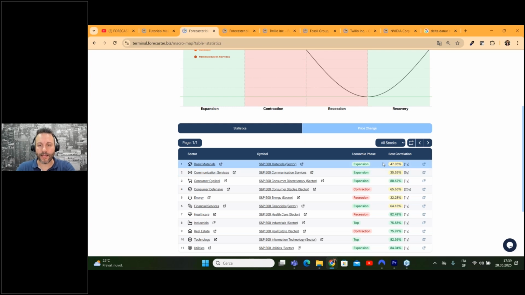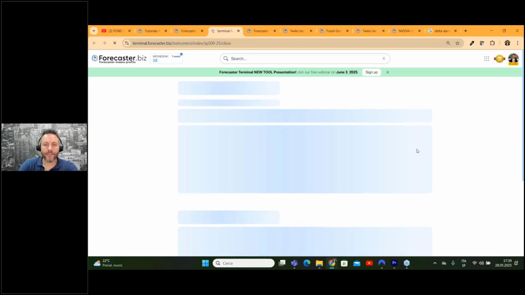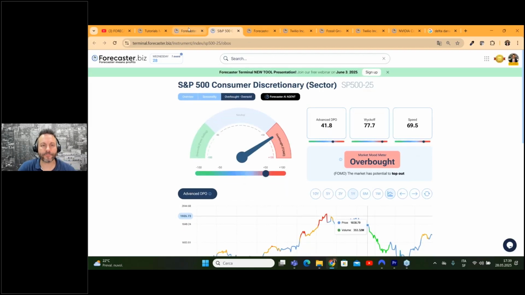Okay, what is very interesting is that, for example, now we are in an expansion phase on basic materials. Okay, but at the moment we have a bad correlation. Look at consumer cyclical. We are in expansion, and we also have a very high correlation with the seasonality. So we can go here and we can see exactly.